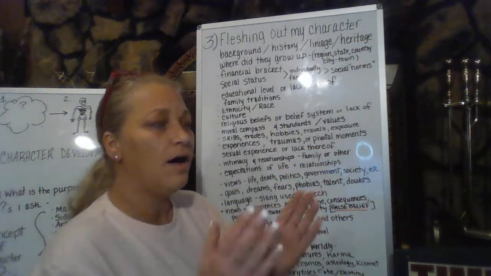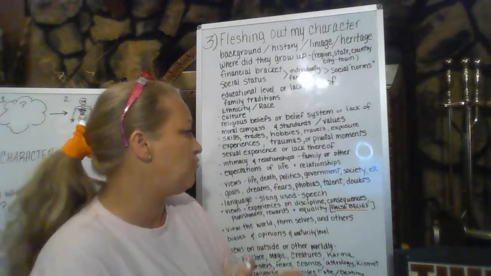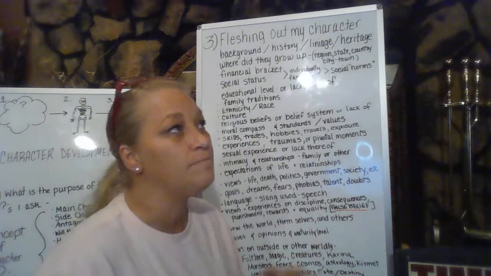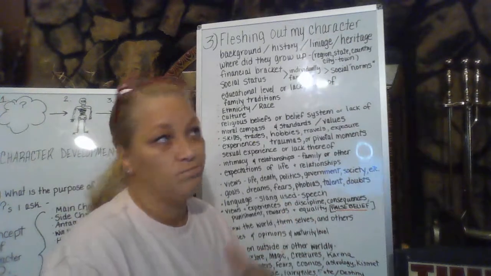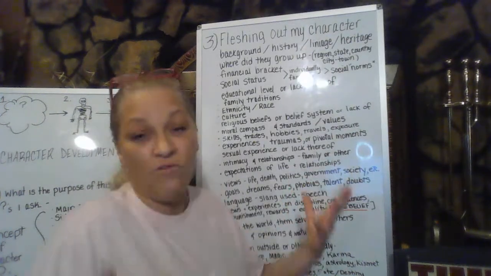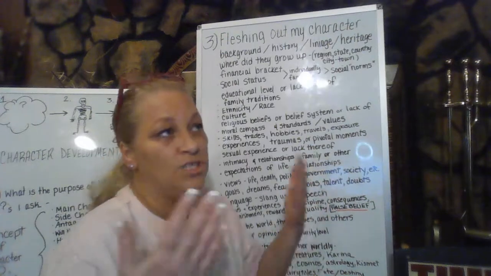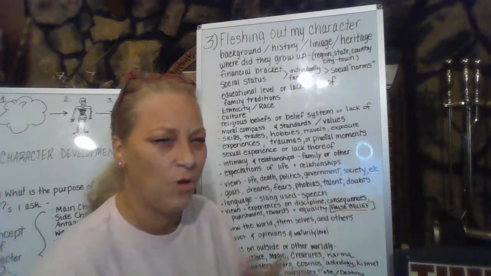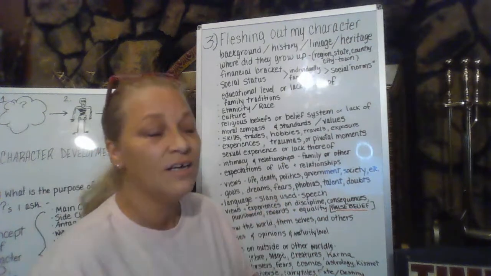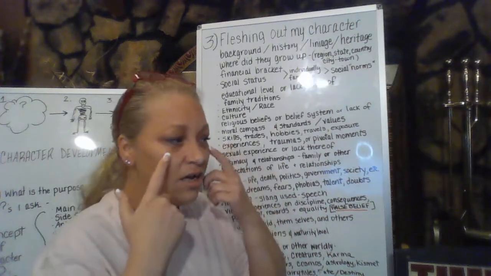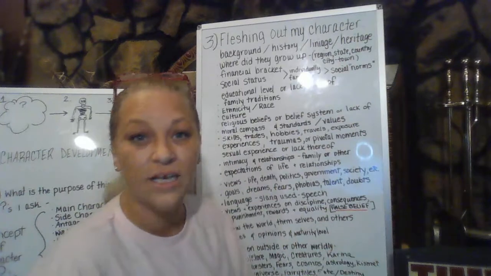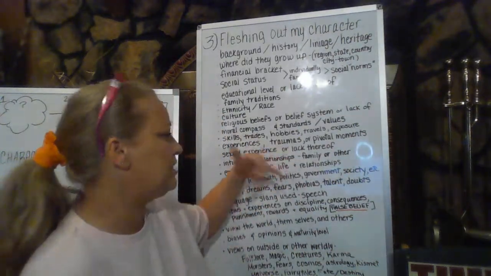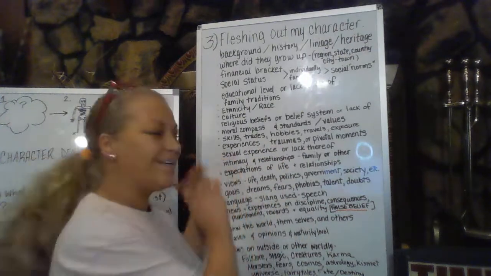Or maybe, say, they went from having sight, and then maybe one day they're horseback riding and fall off the horse, or standing behind a horse and the horse kicks them, like Little House on the Prairie with Mary. I don't know if y'all remember her, but she was kicked by a horse, and from that point on she was blind. So that is a pivotal moment. That could be considered a trauma or a very unique experience.